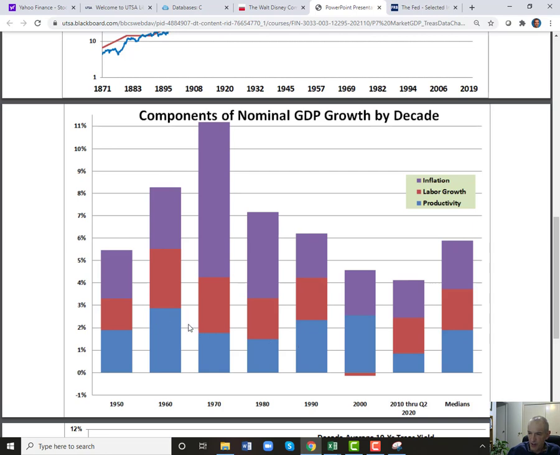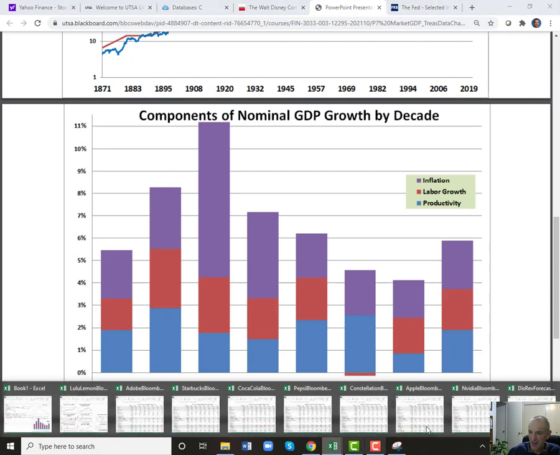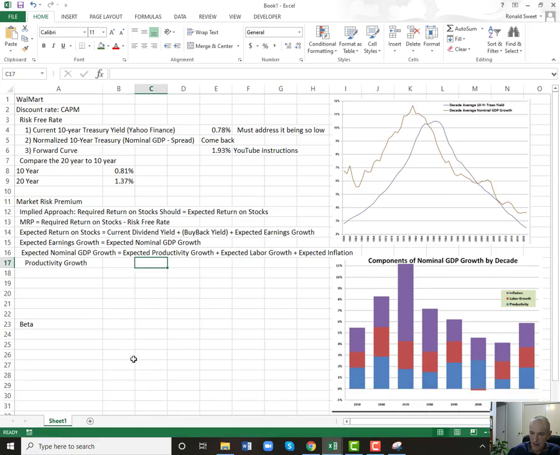So you could probably go as low as 1. I wouldn't recommend you go that low. You can go as low as 1 or as high as 3. I wouldn't recommend you go that high. I'm going to split the difference and use 2.5% just because I think there are some productivity gains out there, but you have to come up with your own number and justify it.